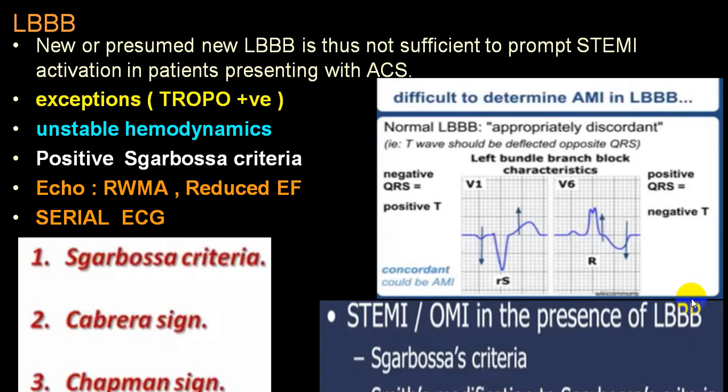And if you measure that in a Smith criteria, that will be significant. And we have already mentioned, if there is a positive troponin, hemodynamic instability, echo in favor of regional wall motion abnormality, reduced ejection fraction, or a serial ECG showing further changes, what we call dynamic changes, it will be strongly in favor of acute MI.